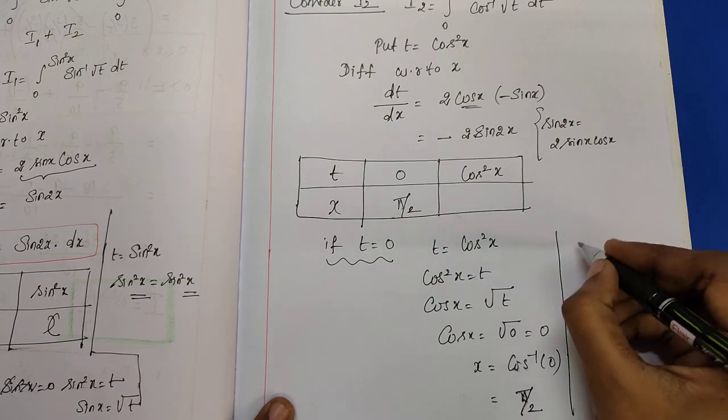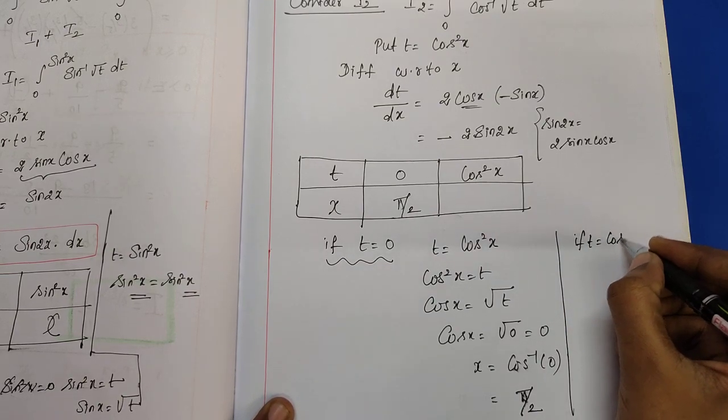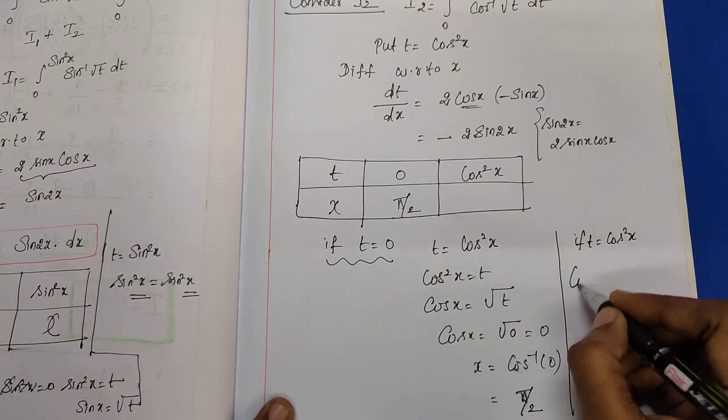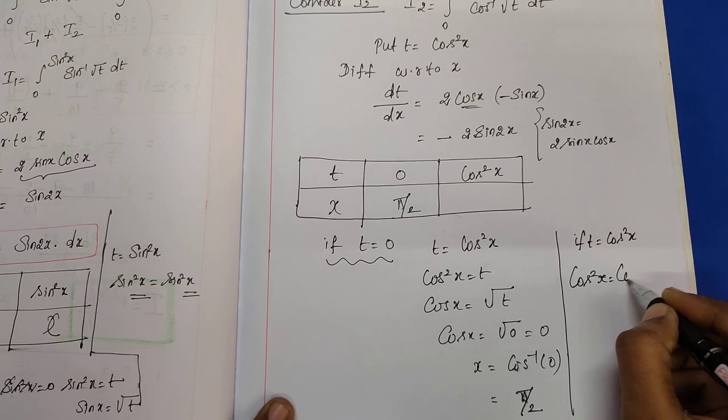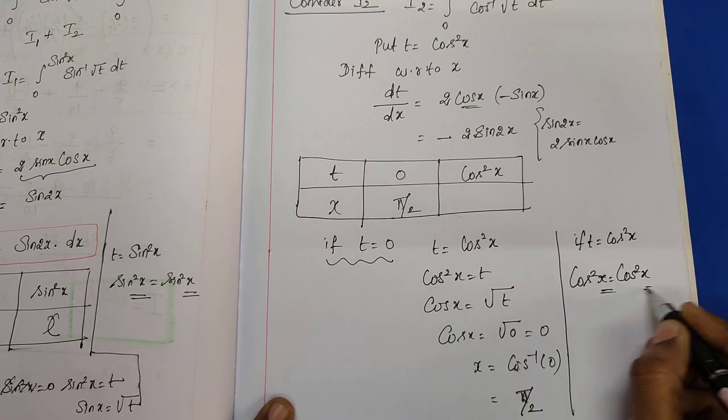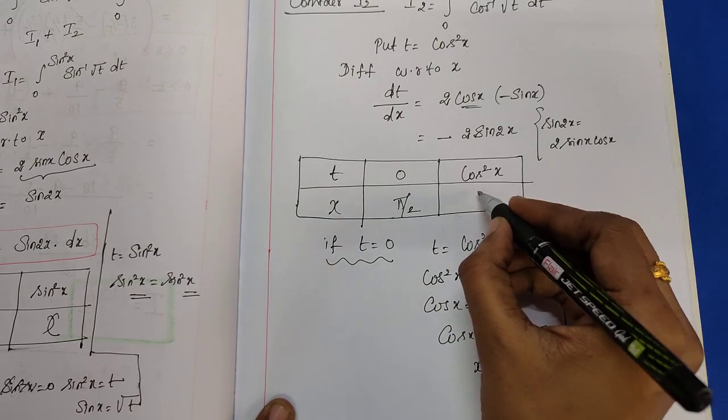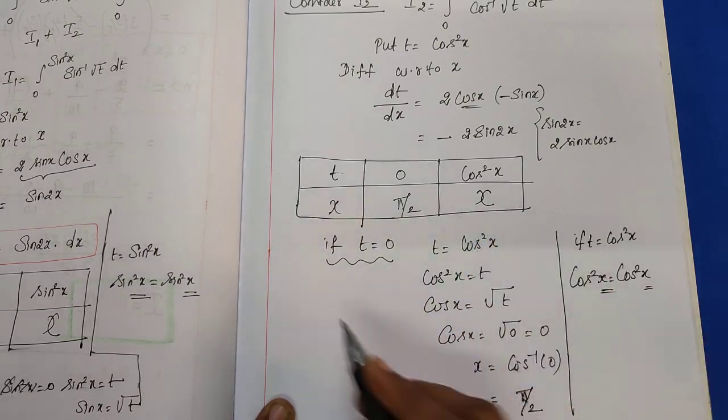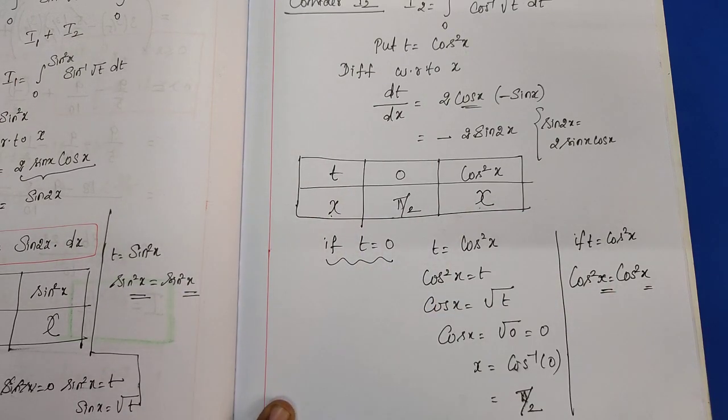And if t is equal to cos square x, our cos square x is equal to cos square x, so x is equal to x. Therefore here x takes x.